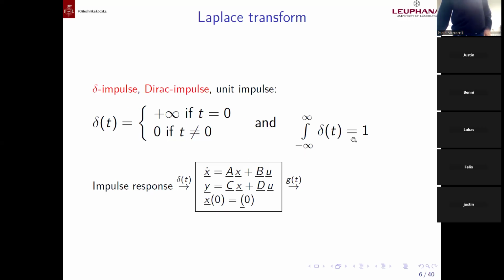It is defined with these two sentences. The first says that delta equals plus infinity if t equals 0, and 0 if t is not 0, together with the part of the definition that the integral from minus infinity to infinity of delta of t equals 1. Quite complex to understand what it is. Why is it complex? Because for us, plus infinity or minus infinity doesn't mean anything. It's just a way to say.